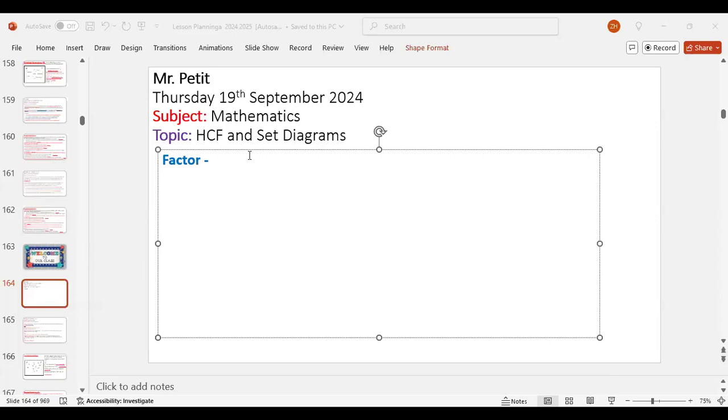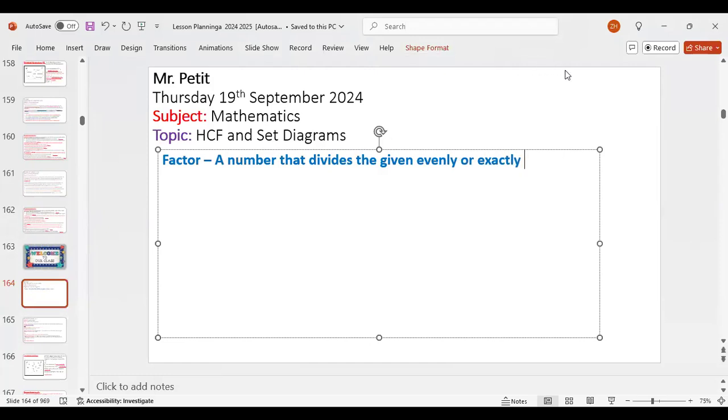If you're using a factor, it should divide evenly. That's what it means to be a factor. So a factor is a number or expression that divides the given number evenly or exactly. So that means there's no what? Remainder. The only remainder is 0.